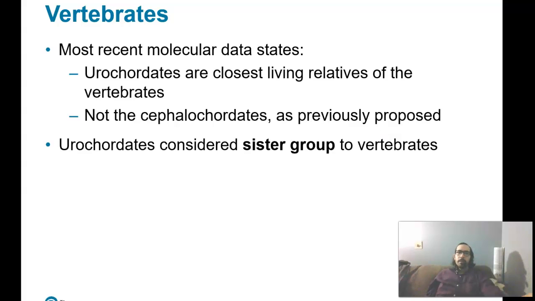So, and this is based on molecular data. So that does tell you that the urochordates are the closest living relatives. Okay. Because initially it was thought that it was the cephalochordates that were the sister group to chordates.